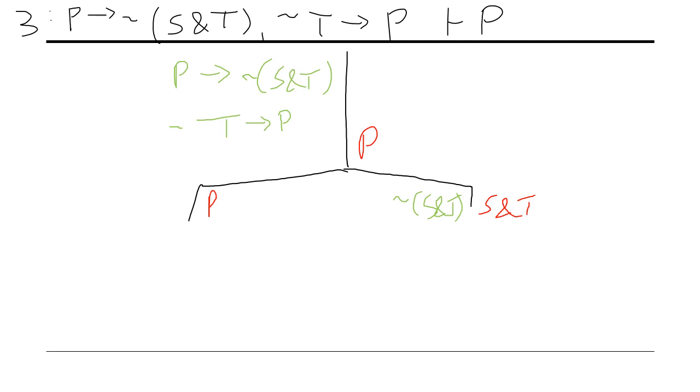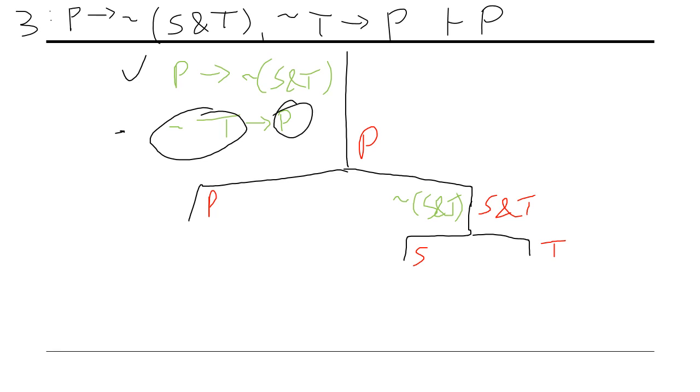Then with an ampersand on the right hand side, we're going to branch that. Put each of them on one side. Now we've gotten that one broken down as far as it will go. Let's look at this one now. What's the main operator? Well, I have this is one side, this is one side, so it's got to be another arrow. I got to do this in all the branches.